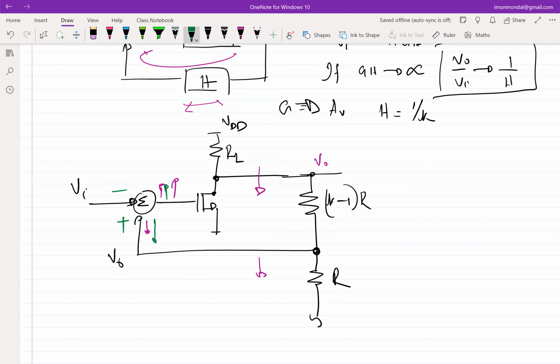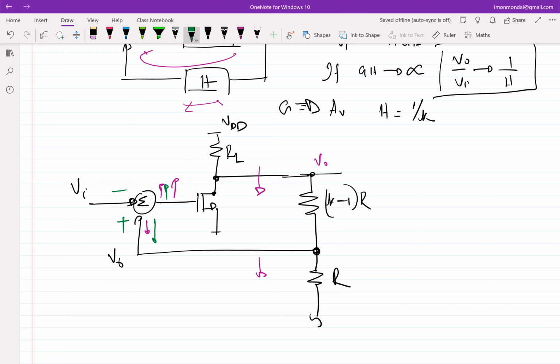You want the error to incrementally go closer and closer, I mean, Vi and V naught to go closer and closer, and the error to shut down to 0. It's difficult to imagine right now because there is no time dependence built into the loop. Everything is instantaneous. So we'll build in time dependence later on.